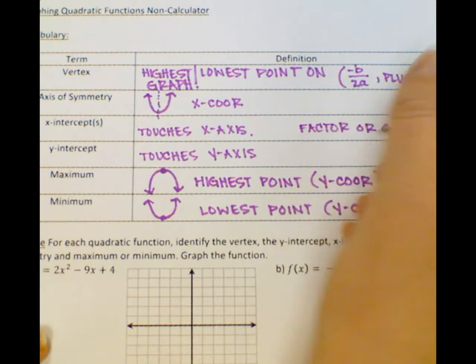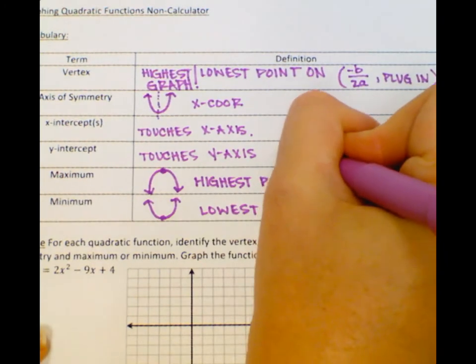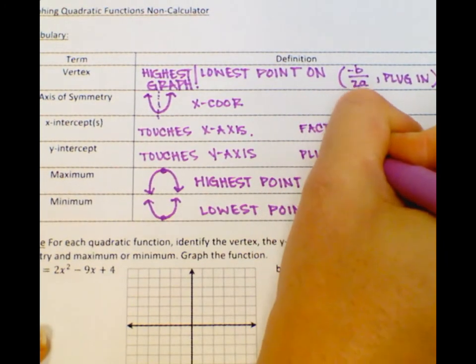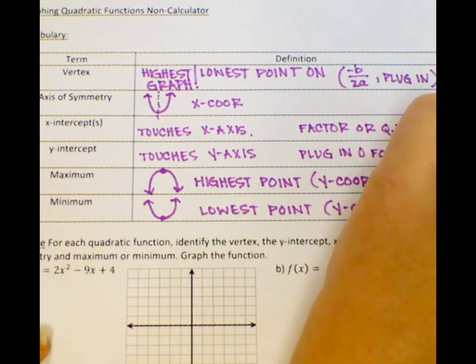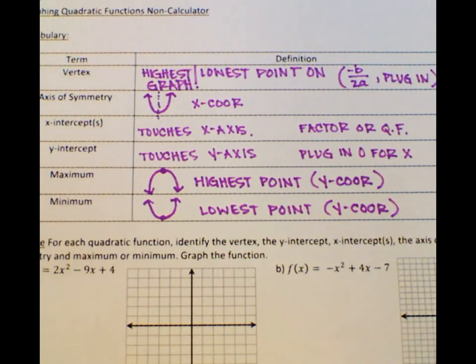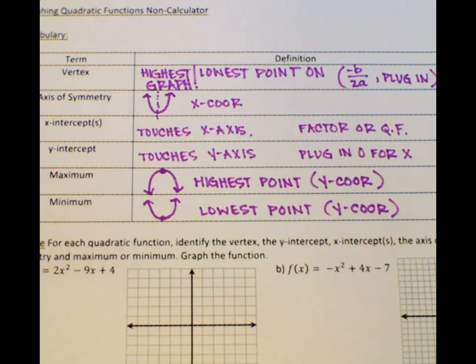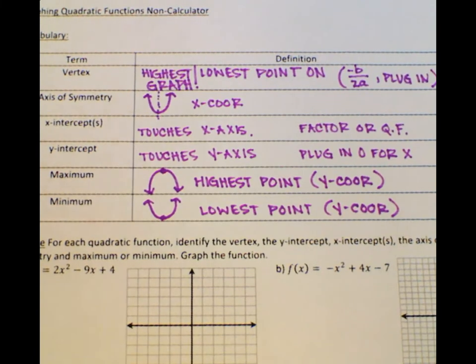For here, if you plug in 0 for x, then you can find your y. Plus, I'm going to show you a cool way to do the y-intercept down here once we look at our pictures. Okay, so again, I just wanted to go through those 6, make sure you understand what's up there. Now let's do the problems.